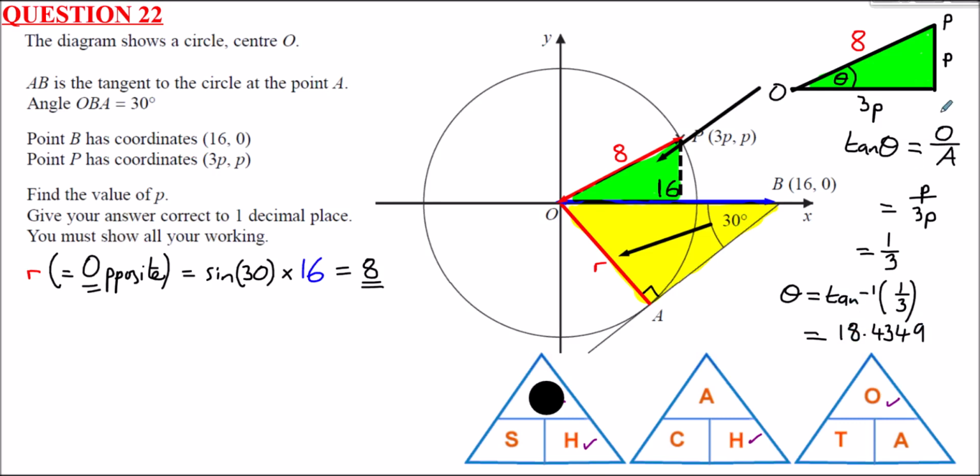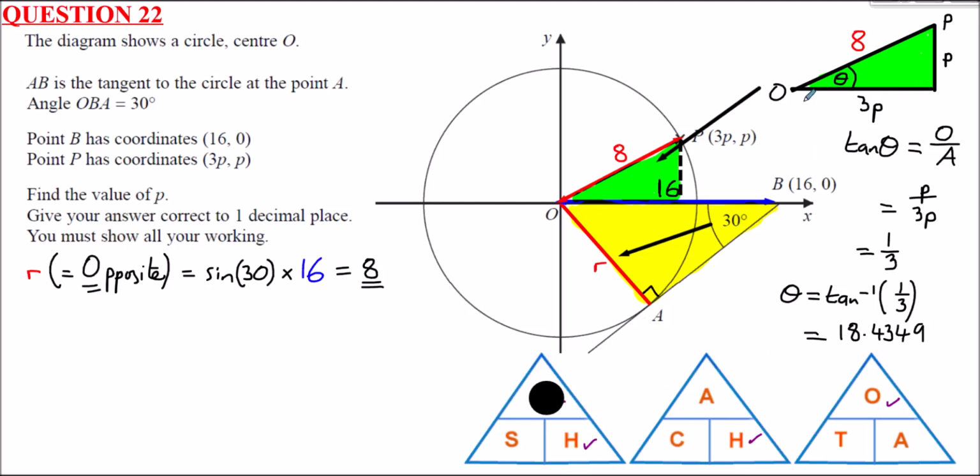At this stage, I've got a choice. Because the adjacent side and the opposite side are given in terms of P, I could either use the sine function or the cosine function to work out what P is. Let's just say, and again this is your choice, let's say we go for the sine function.